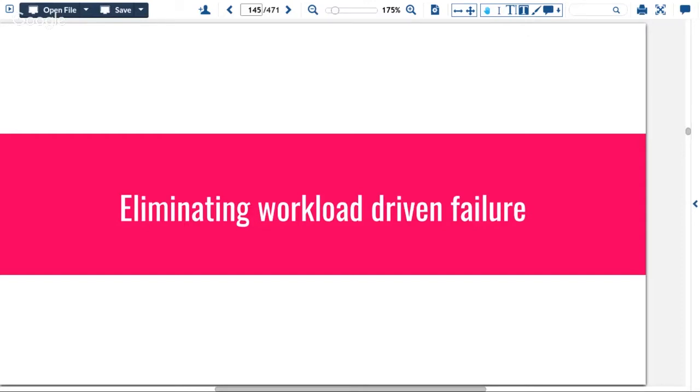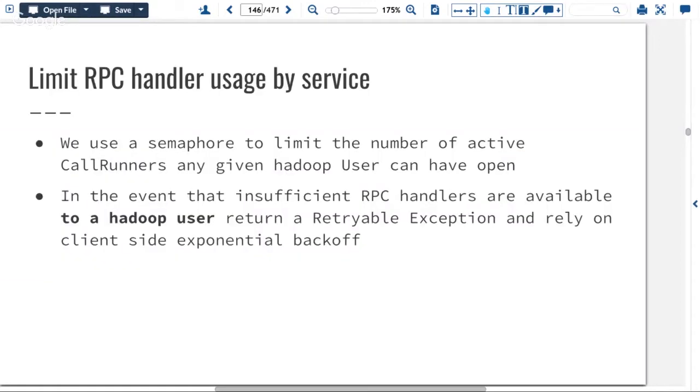So we're going to start talking about how we completely eliminate that workload-driven failure. One interesting approach to this problem: with 3,500-plus microservices and bursty Kafka workers and other associated jobs, it can be very difficult to guarantee that one service can't overwhelm a region server.